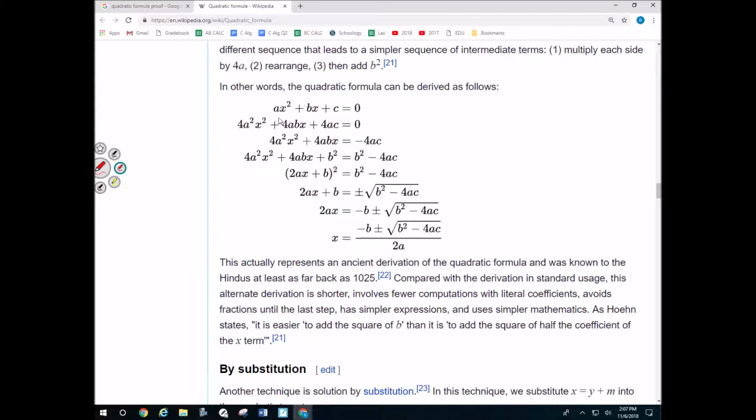They took this ax squared plus bx plus c. They decided to multiply everything by 4a. They subtracted this 4ac. They then added b squared to both sides, which enabled them to factor this, which enabled them to take the square root of both sides, which enabled them to subtract the b and then divide by 2a, and boom, there's where that formula comes from.